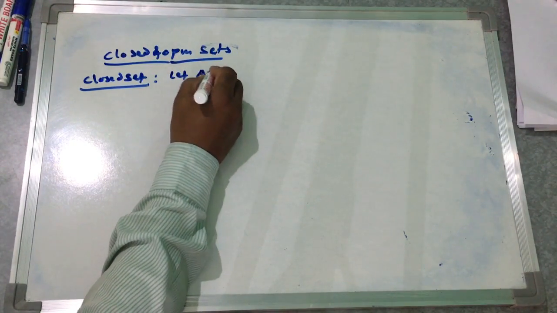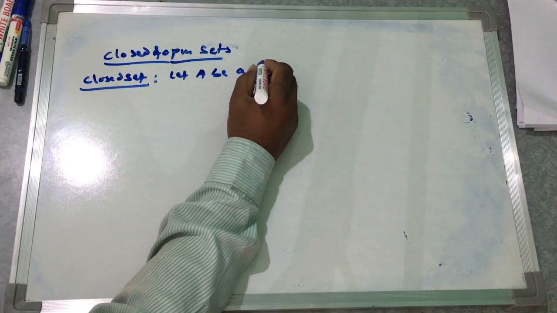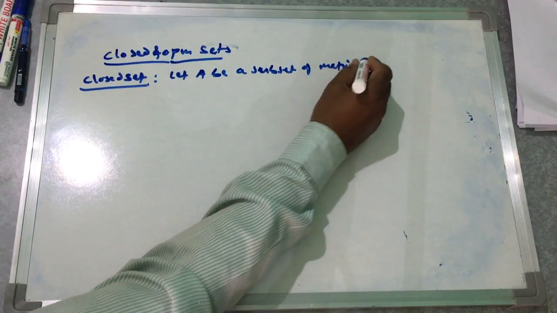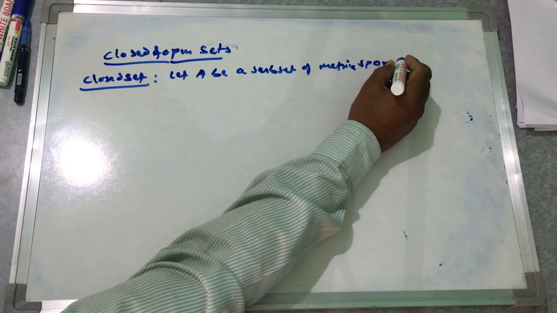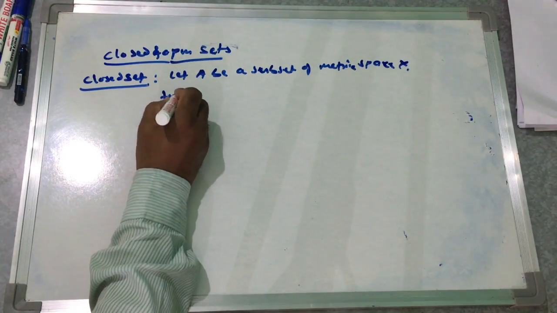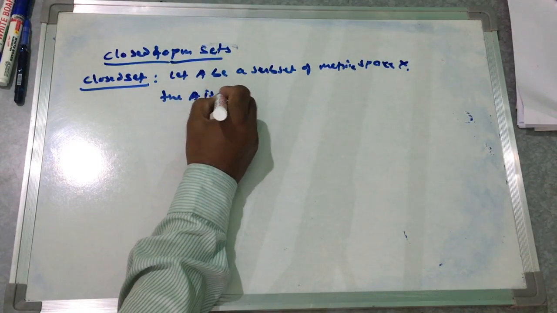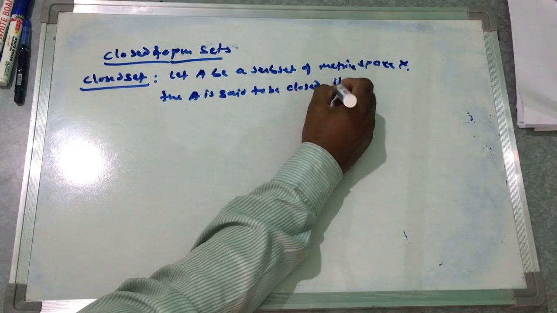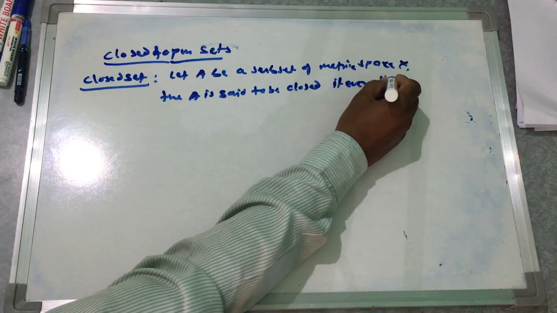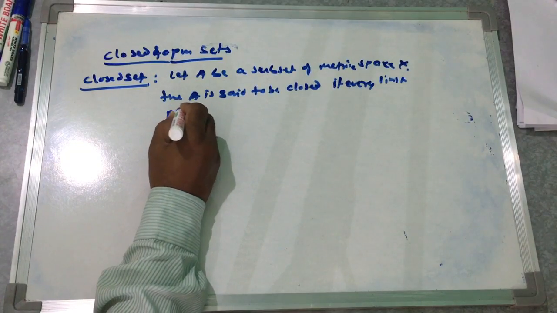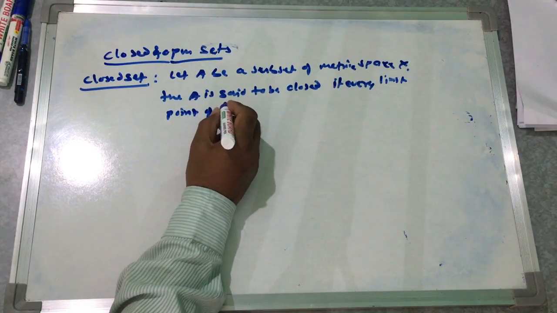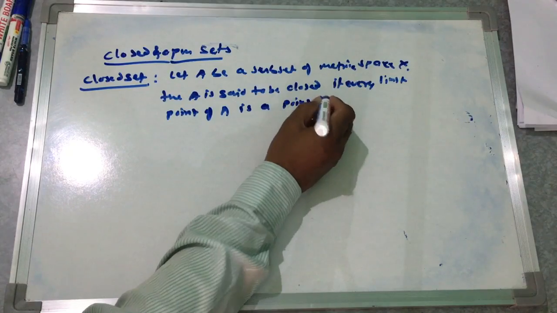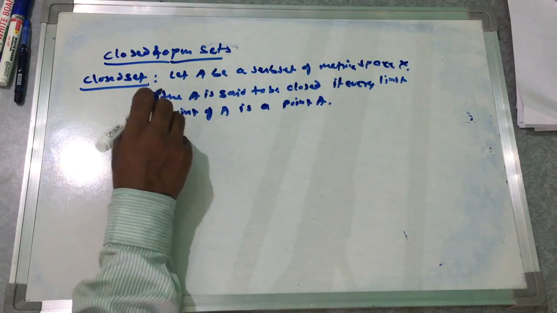Let A be a subset of a metric space X, then A is said to be closed if every limit point of A is a point of A. Yes, closed set means what?